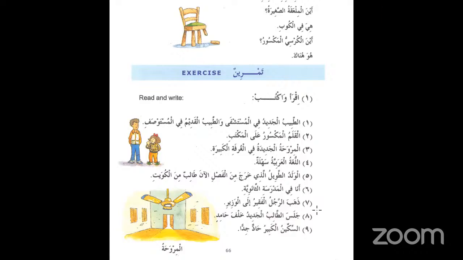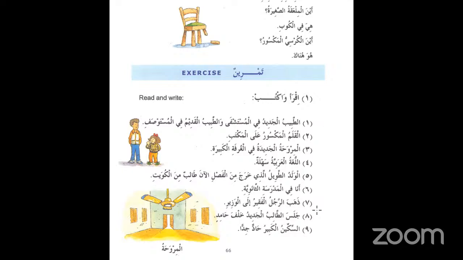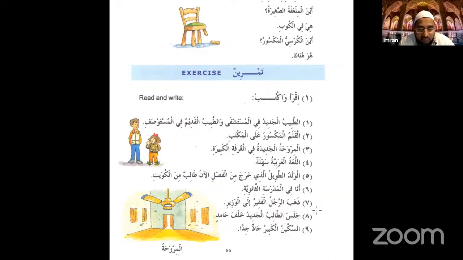And next one, at-tabibu al-qadimu fil mustashfa, the old doctor. Alif lam and then alif lam. So at-tabibu al-qadimu is also a mubtada, and fil mustashfa is also the khabar. Exactly. So Munira, is that okay for you as well?